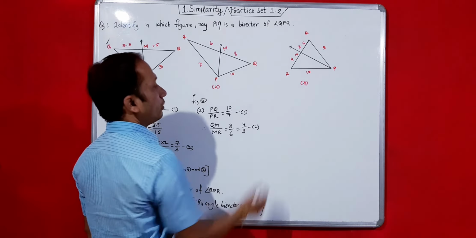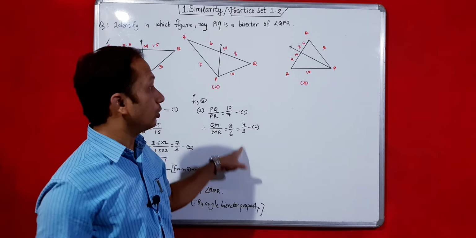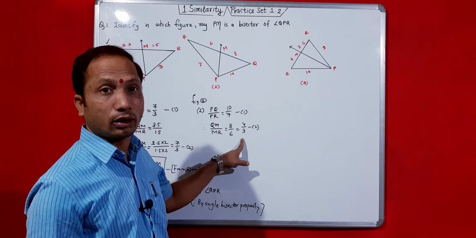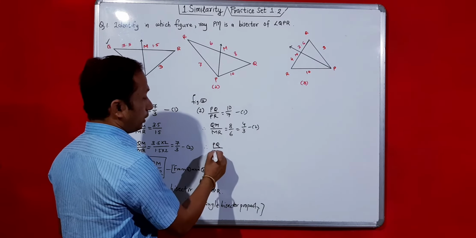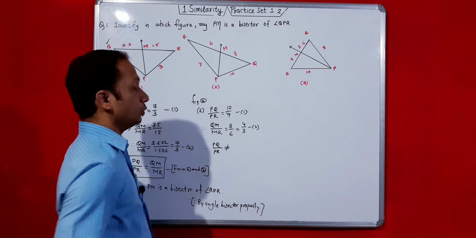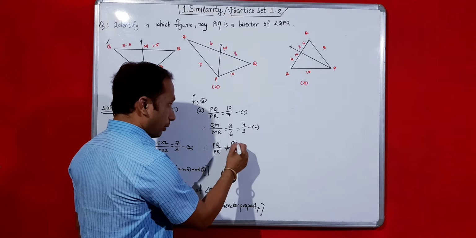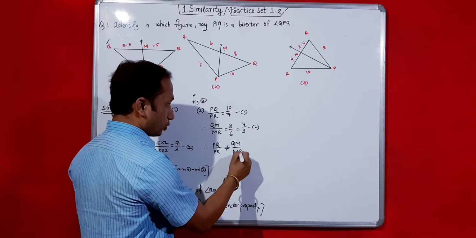You can see that both are not identical. This ratio and this ratio are not identical. Therefore PQ upon PR is not equal to QM upon MR.